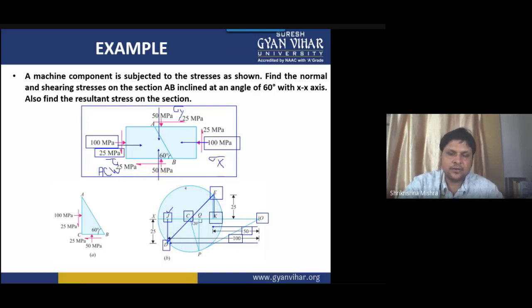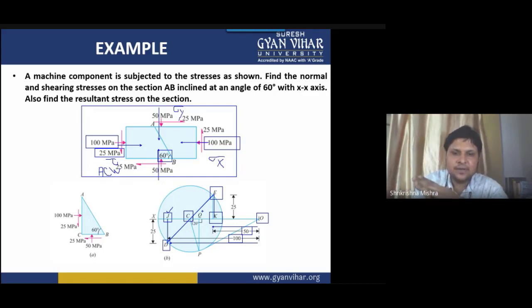All right, the circle is already drawn. Now the theta angle is 60 degree, which is given here. How will we calculate? As you would have seen, the theta angle we have always taken from the minor axis point, this point E, from the line CE.